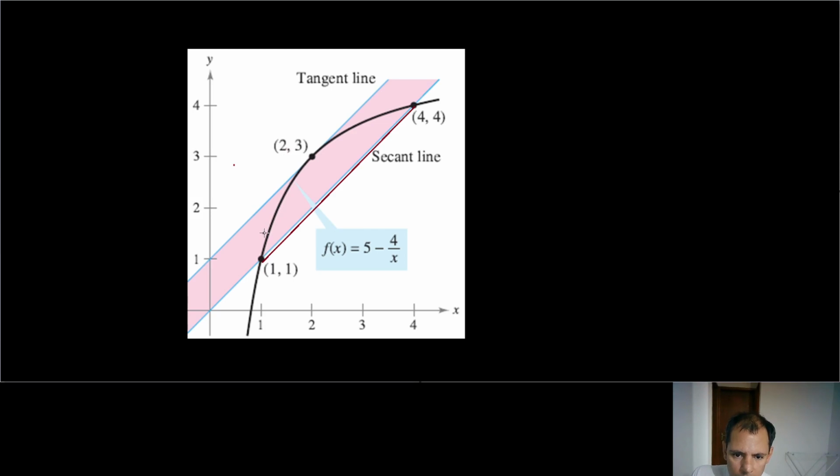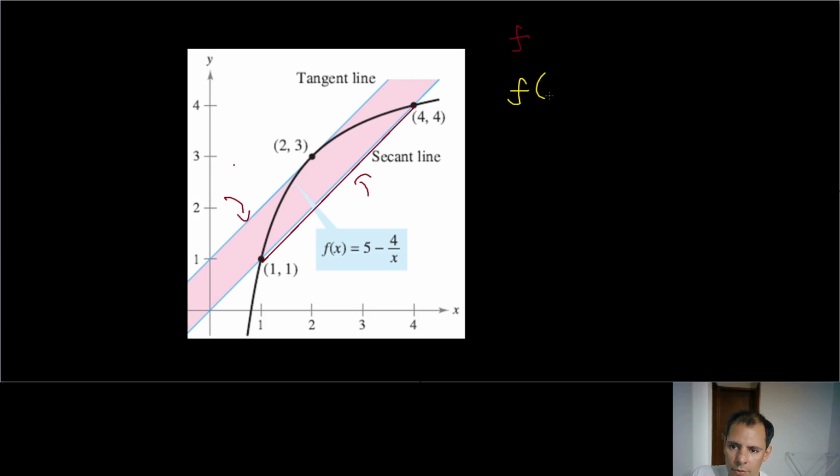At this point, the tangent is going to be like that. At some point, this is going to be the tangent, and you can see that this tangent is parallel to the secant here. So what is this point? It's 2 and 3. And how did we find out? Well, you can go back in the video and see that.